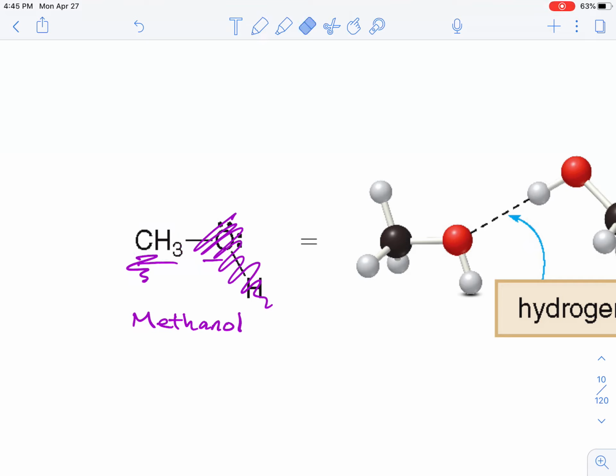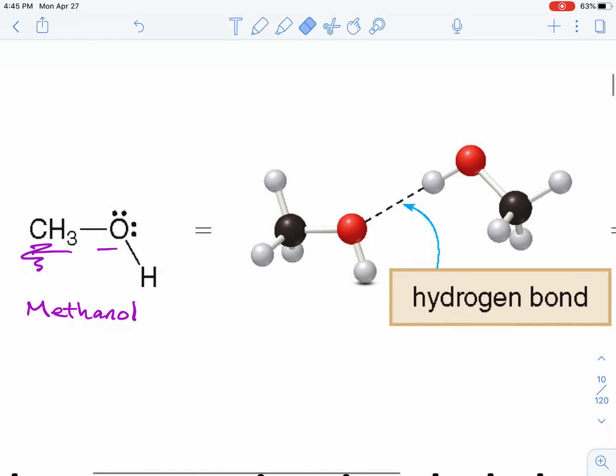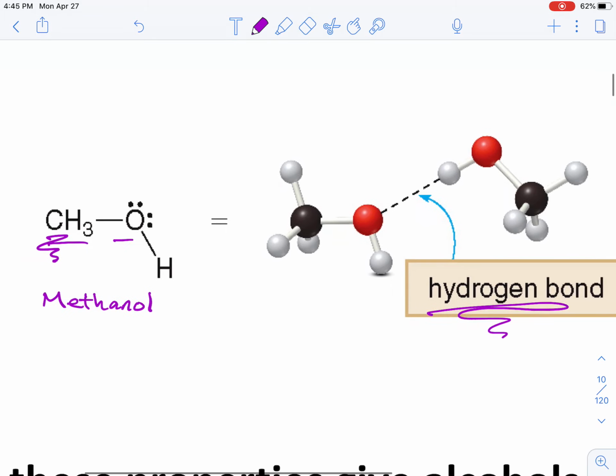But when you substitute one of the hydrogens from methane and you add in an OH group, an alcohol, or a hydroxyl group, that allows the molecule to hydrogen bond with another polar molecule.